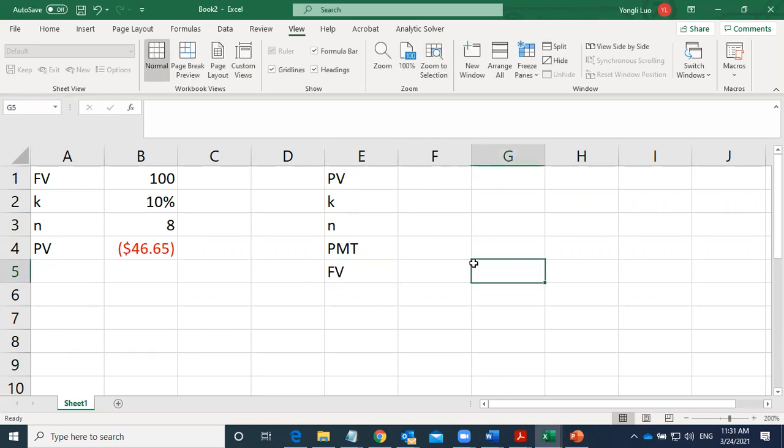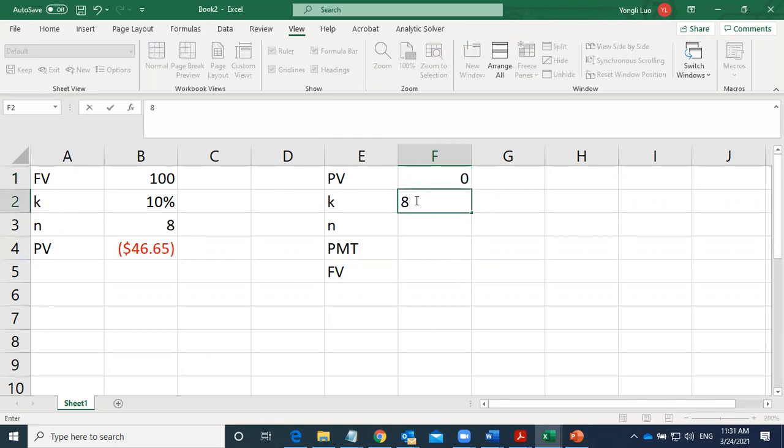The present value now is 0, the interest rate is 8%, the number of time periods is 3, and the payment is 100.